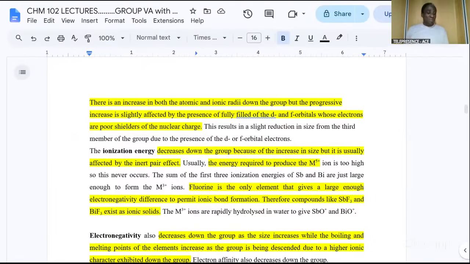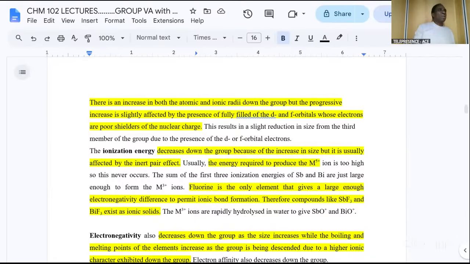Let's look at the ionization energy. If size increases down the group, ionization energy is expected to decrease down the group. The smaller the size, the higher the ionization energy, because of the higher effective nuclear charge. But as we have experienced in groups 3 and 4, we are still going to experience it in group 5: after the second element, the size does not increase as expected.